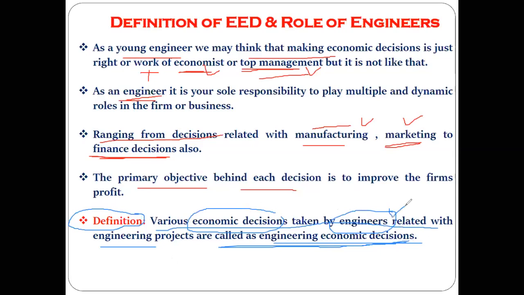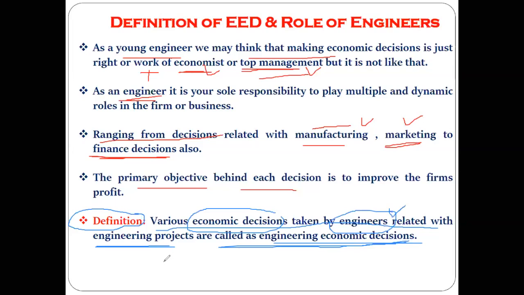So the engineer has to make decisions related to whatever projects they are doing. Now, related with engineering projects, what can be the economic decisions? Can you tell me some examples? Project cost.